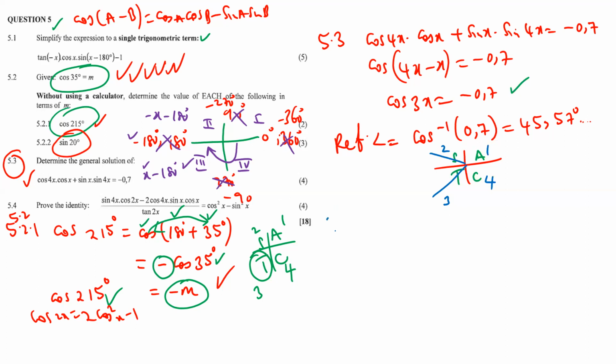So 3x is equal to 180 degrees minus 45.57 plus 360 degrees times k, where k is in the integers. This is going to take us to the second quadrant.